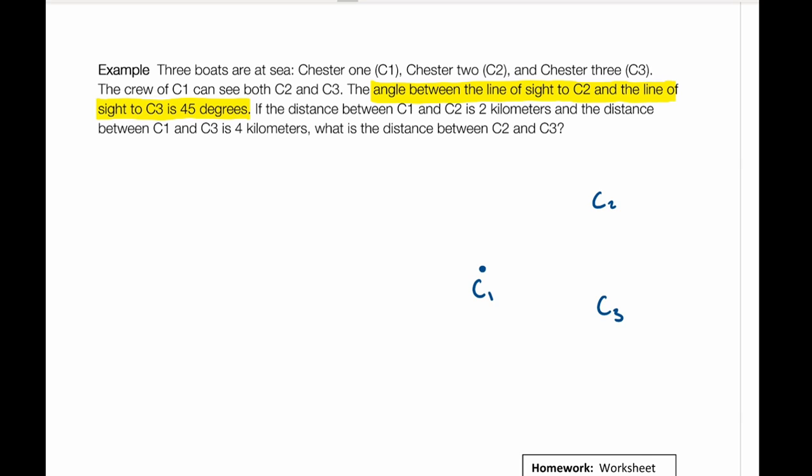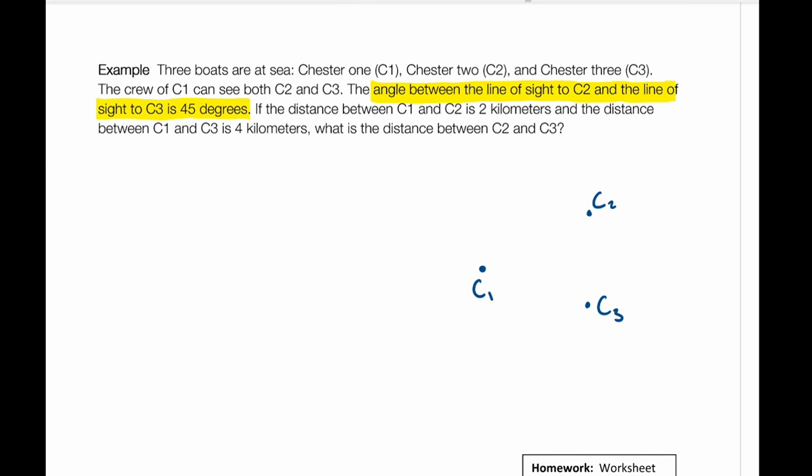We know the angle between the line of sight from C1 to C2 and C1 to C3 is 45 degrees. We know the distance between C1 and both boats, and we're looking to see how far apart C2 and C3 are. So I've started you off with a little bit of a diagram.